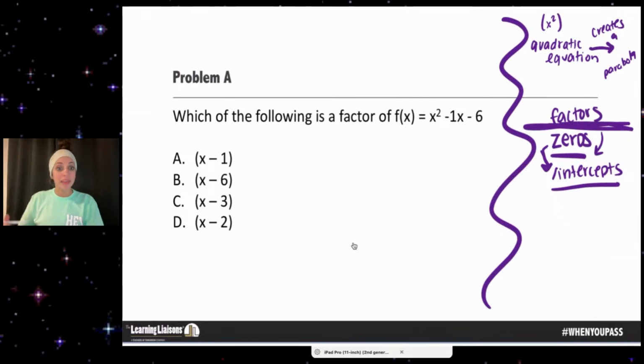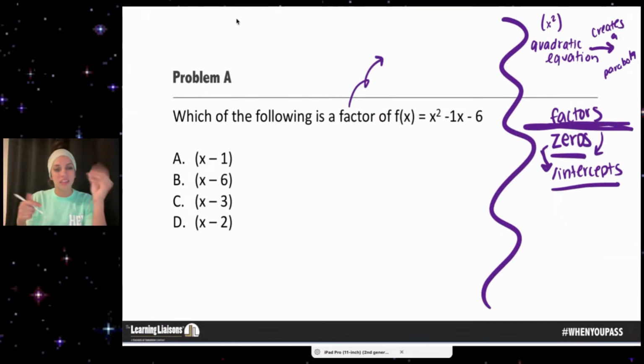Now, from that understanding, which of the following is a factor? Remember, and this is important for everyone, even if you don't have quadratics on your exam, you need to know the definition of a factor. By definition, a factor is a number or quantity that when multiplied with another gives an expression.